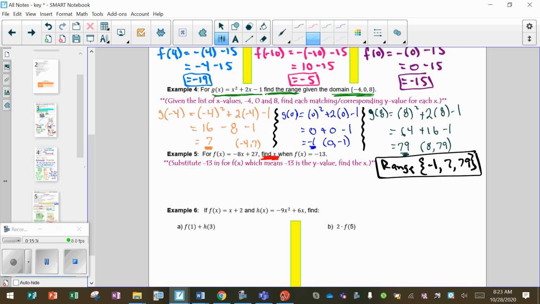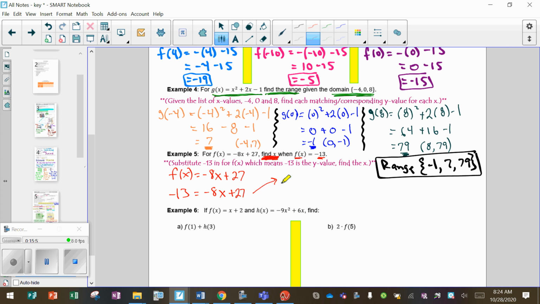If we're solving for x, then the negative 13 goes in place of the f of x. So the equation that was given was f of x equals negative 8x plus 27. If f of x is equal to negative 13, then this f of x turns into a negative 13. And now we're going to solve for x.